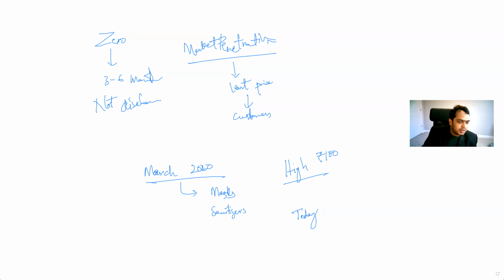I can see 50 rupees. So maybe the price of that mask is between 20 to 50 rupees. This type of pricing is called skimming pricing.